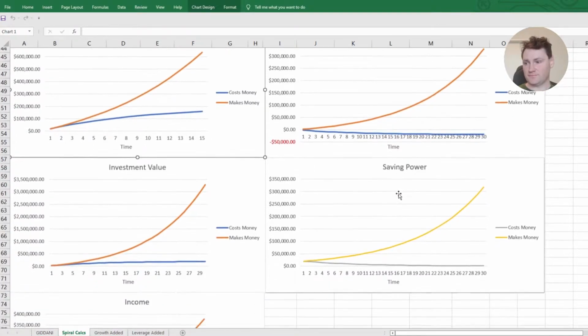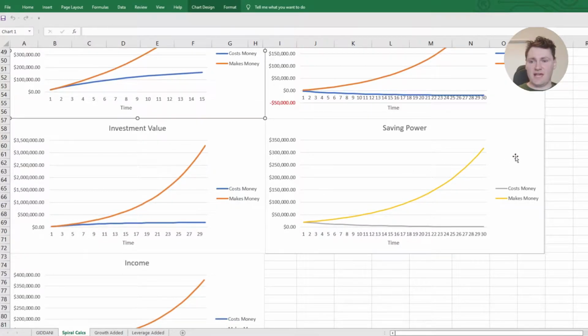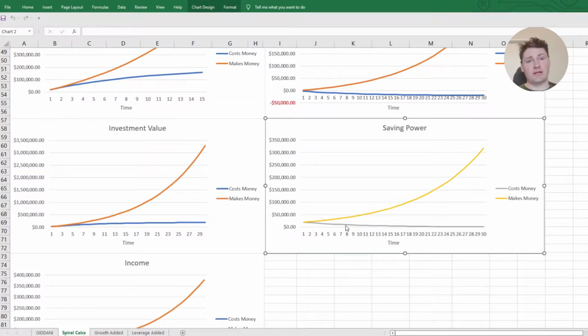If we take a look at some other graphs that are indicated here, savings power. Let's take a look at savings power very quickly. It's a very similar trajectory to the previous graphs of the value, except it's really based on income. Now, income is what allows you to exit retirement.